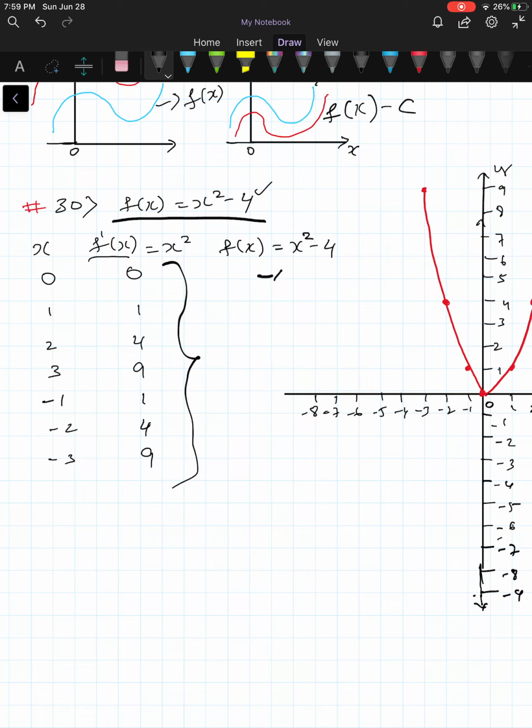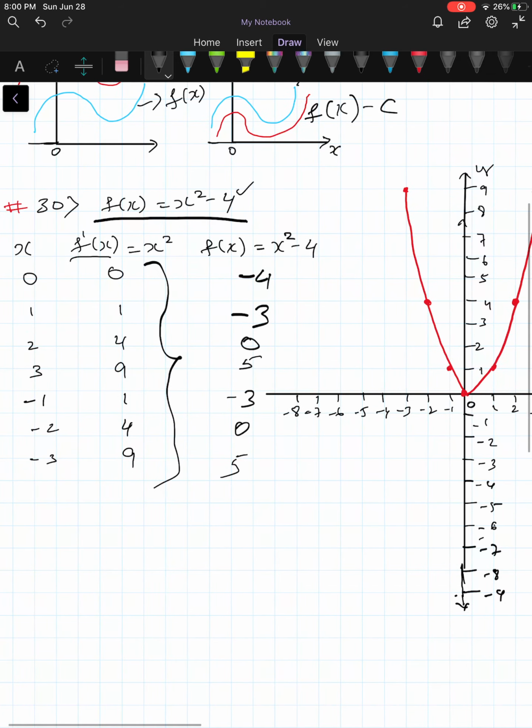So 0 minus 4 would be -4, 1 minus 4 would be -3, 4 minus 4 is 0, 9 minus 4 is 5. The values repeat, so it would be 1 minus 4, that is -3, then 0 and 5.